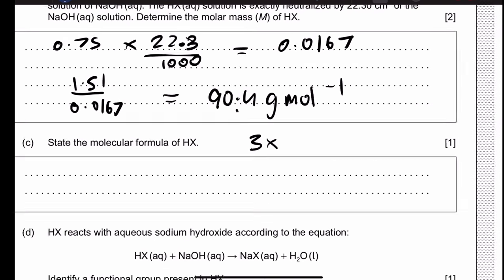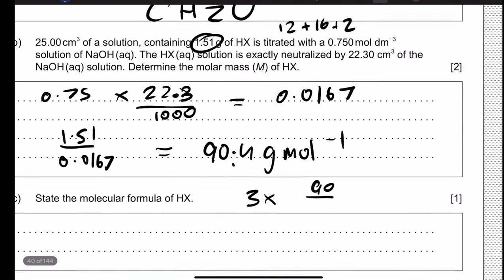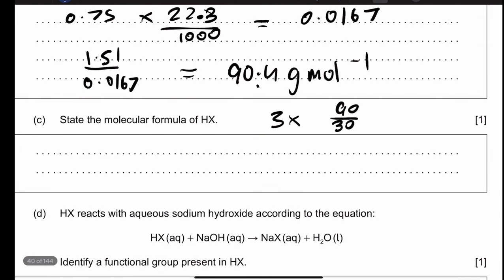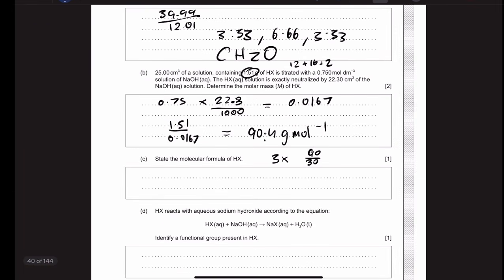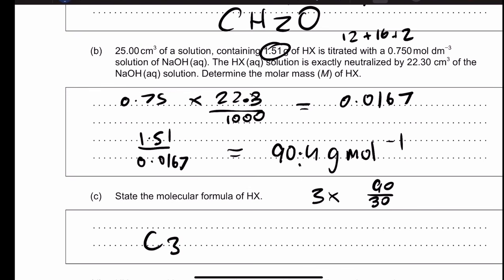The way we got 3 is by doing 90 over 30, which gives us 3. So what do we do with the 3? We just multiply each of the subscripts in our first one by 3. So it's C3H6O3. Lovely.